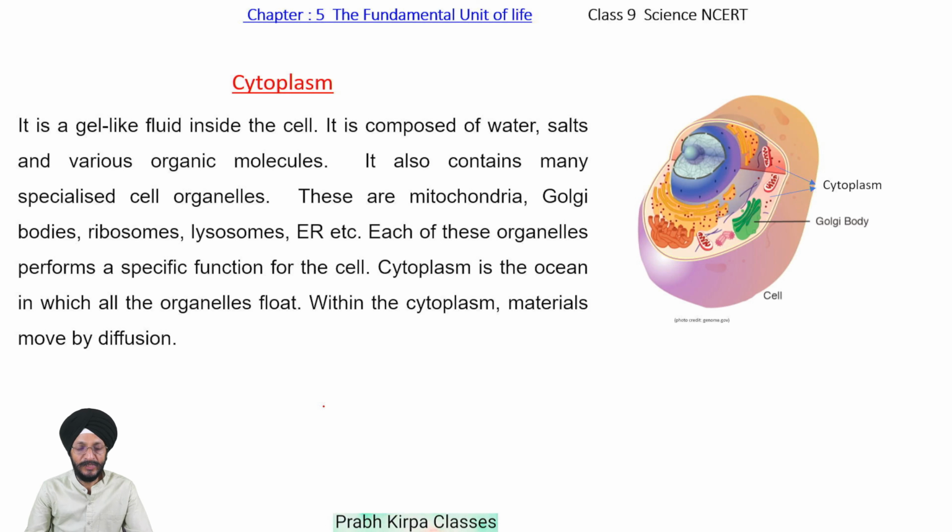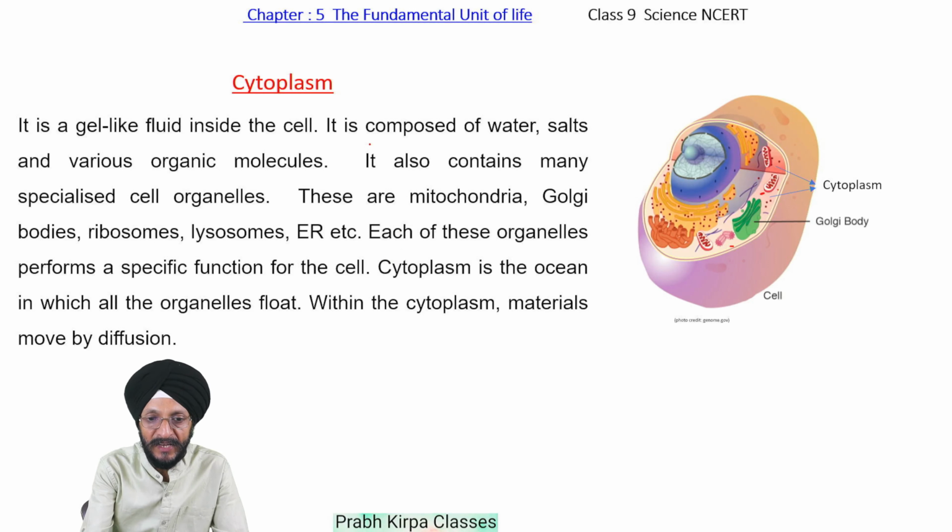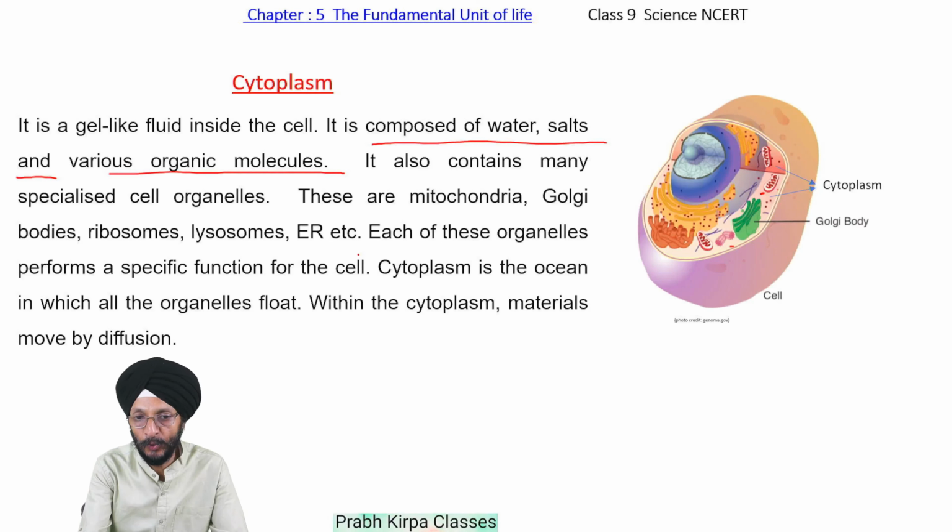So another question is, what is cytoplasm? Cytoplasm is a gel-like fluid which is spread throughout the inside of the cell. It is composed of water, salt and various organic molecules.